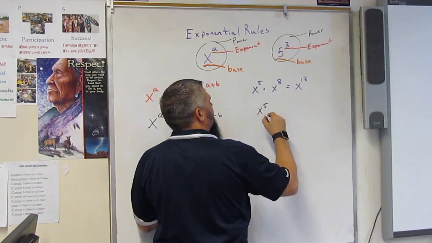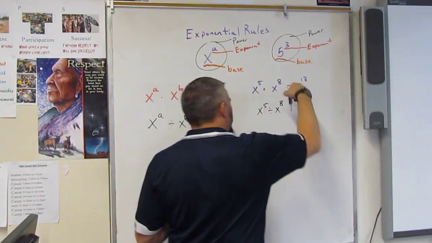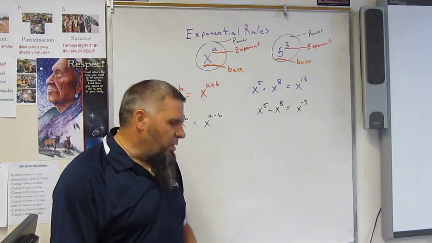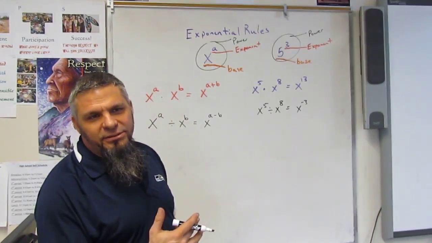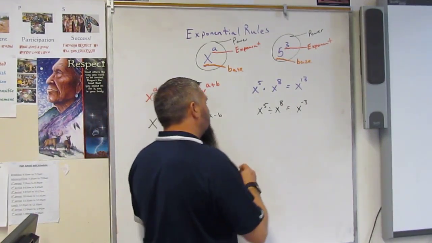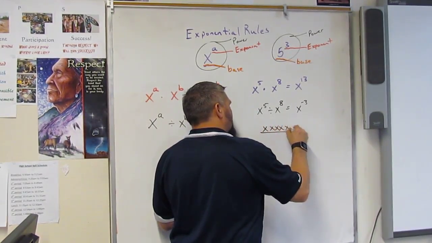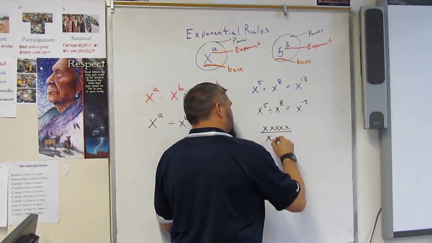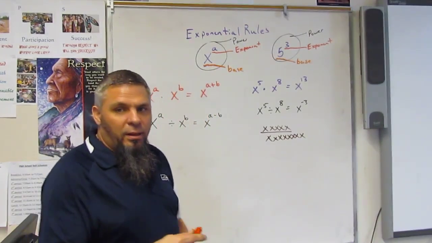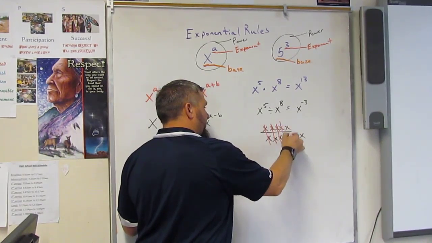x to the 5th divided by x to the 8th. Now, if I just do the math, okay, cool, that's x to the negative 3, right? And you're like, whoa, negative, what? I don't understand. Okay? But, if I wrote it like this, and then I cancel them out. 1, 2, 3, 4, 5.